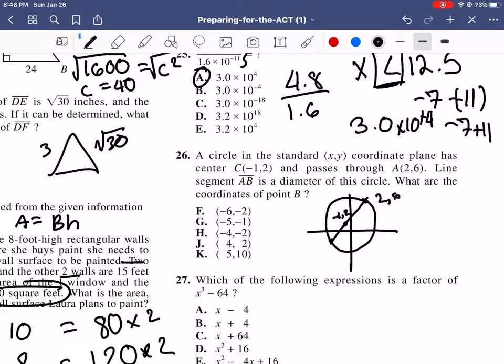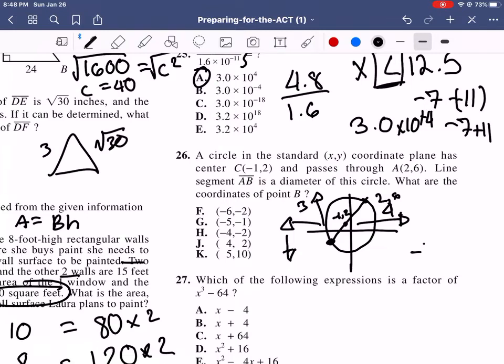When you go up 3, you get to 2. And you go right 4, you get to 6. So all you have to do to get to B is go left 4 and down 3.